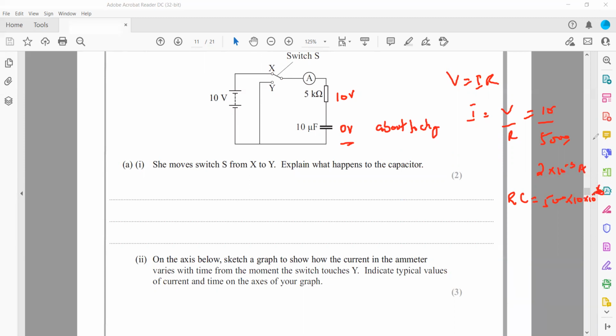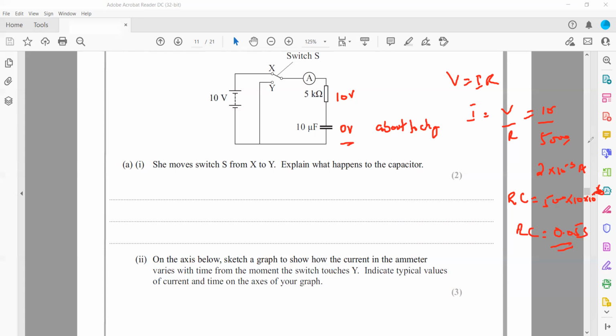So it is 50,000 divided by 1 million. So 0.05 means that when it is at 37%, the time constant, it will be 0.05 second.